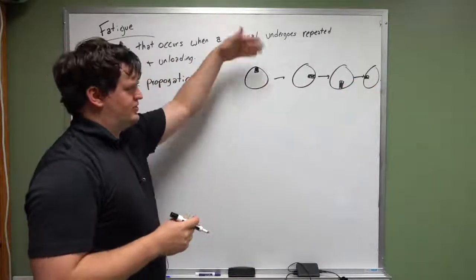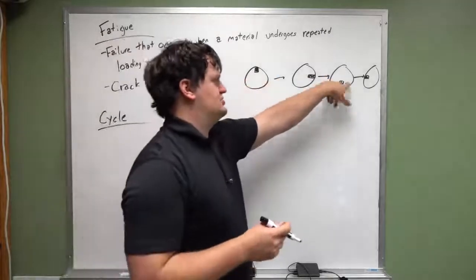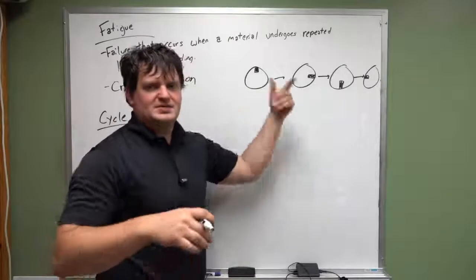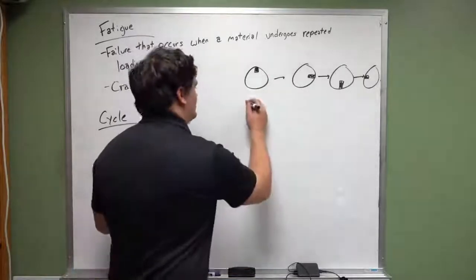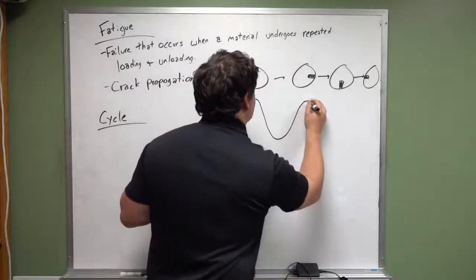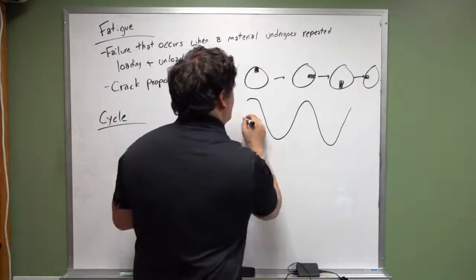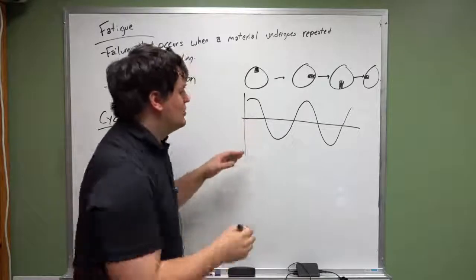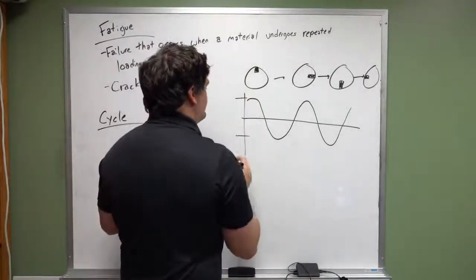If the force is pushing downward on it, this would be in compression, this would be in tension, whatever. But as it spins around, it goes through a full cycle where the loading actually does look like this. It is harmonic, but it's centered around the very center line here, where this is completely reversed loading.